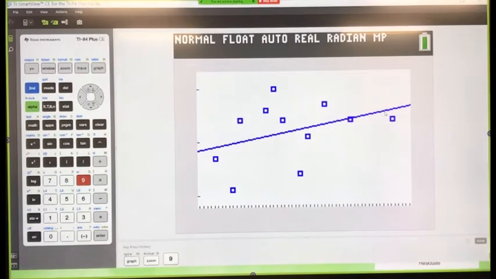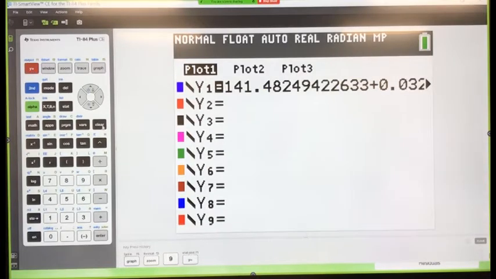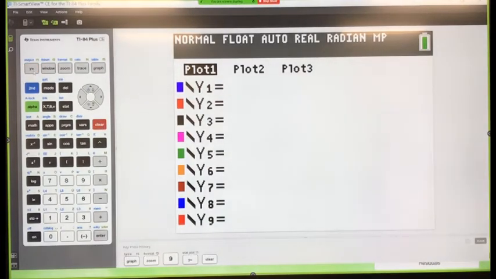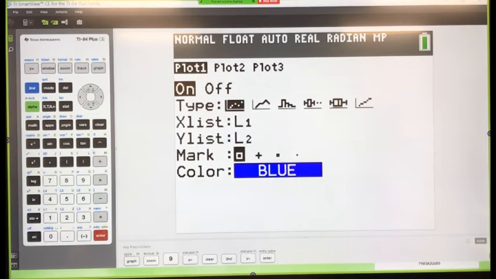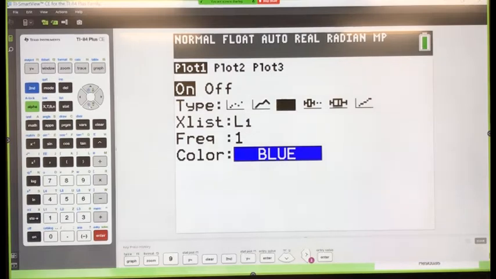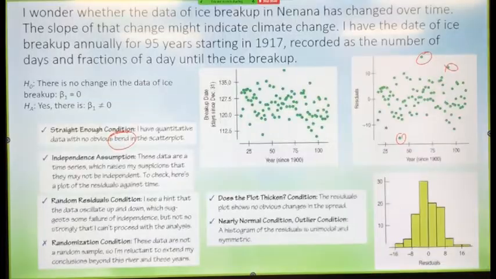Now let me show you a trick that I just learned yesterday. Instead of doing the residuals by hand, there is a way for the calculator to calculate for you. So let me take away my regression line. Now I want you to go to second stat plots, go to plot 1, change this to a histogram, go over here to XList.